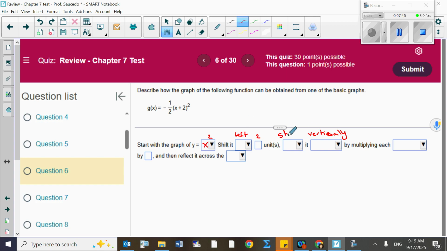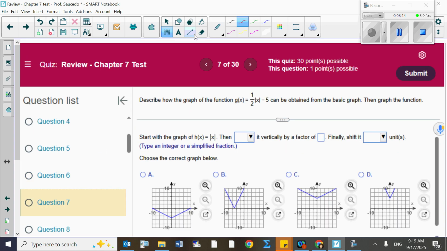So this is a shrink by multiplying each y value, because we're shrinking vertically, that means the transformation is happening to the y value by 1 over 2. That's the scale factor. And then reflect across the x-axis because we have a negative here. This negative makes it reflected over the x-axis.